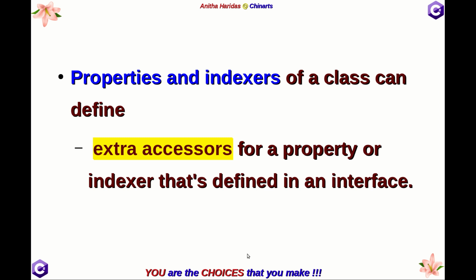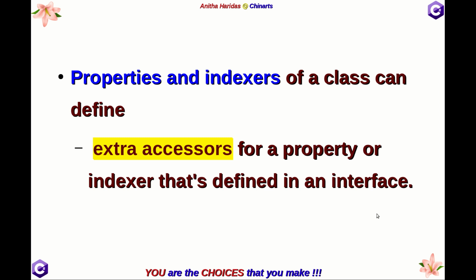Now, apart from that, when you use interfaces, you can also have properties and indexers. We have already seen, apart from method members, you can have properties, indexers and events as the members of an interface.